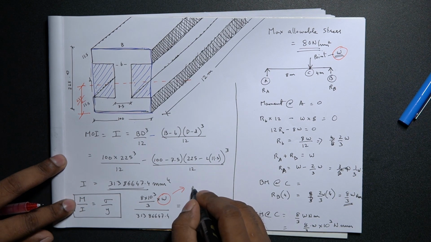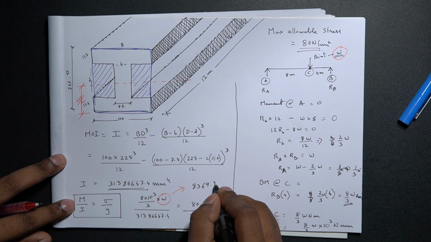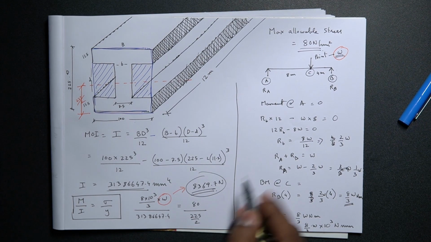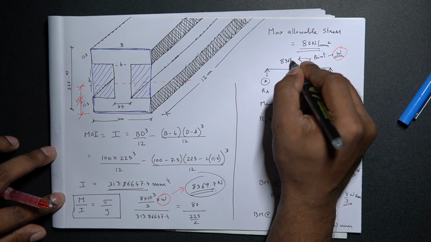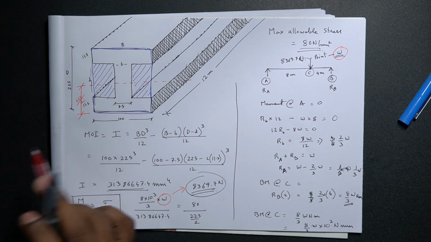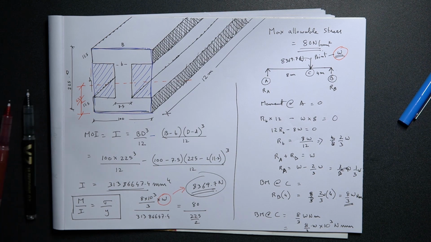So, I am getting a W of 8,369.7 newtons. This is the load that can be allowed at this particular point, where my W is equal to 8,369.7 newtons. So, this is how you need to calculate for a symmetrical I section.